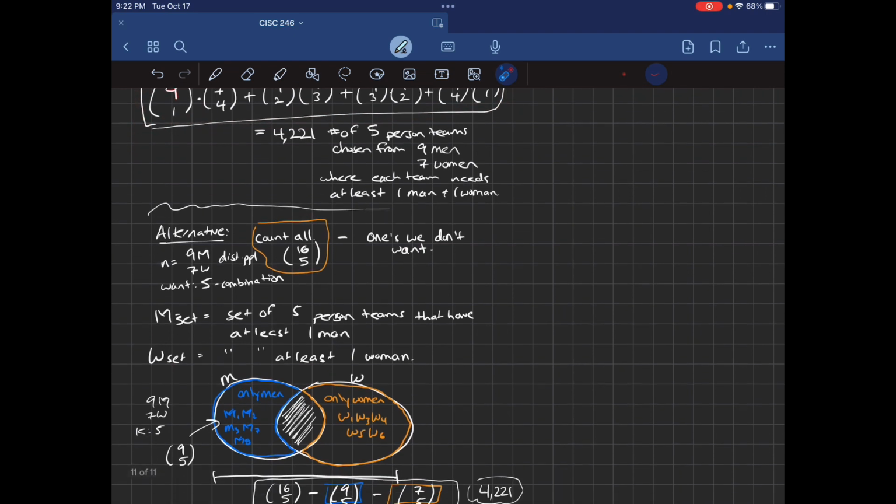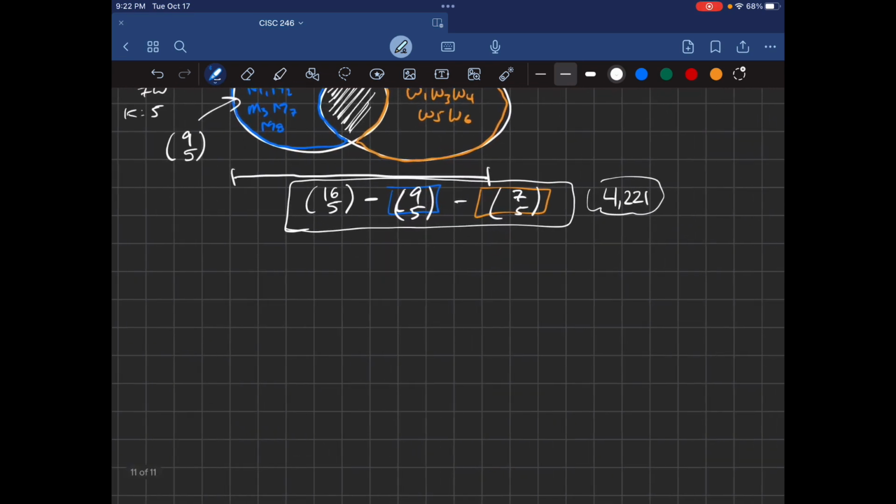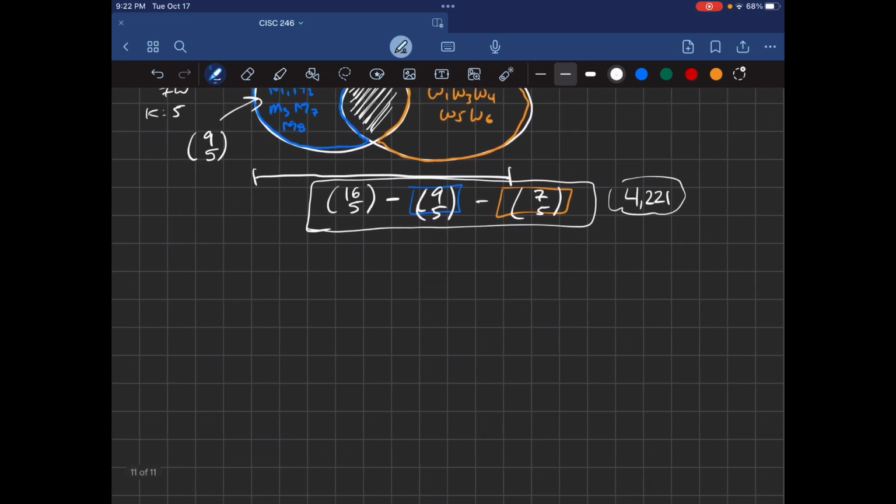All right, so I'll write that there. The total number of 5-person teams is 16 choose 5.